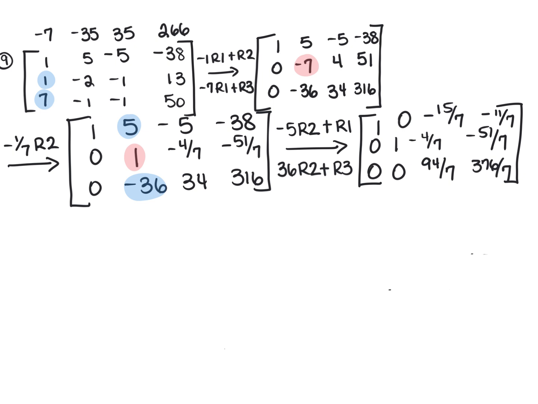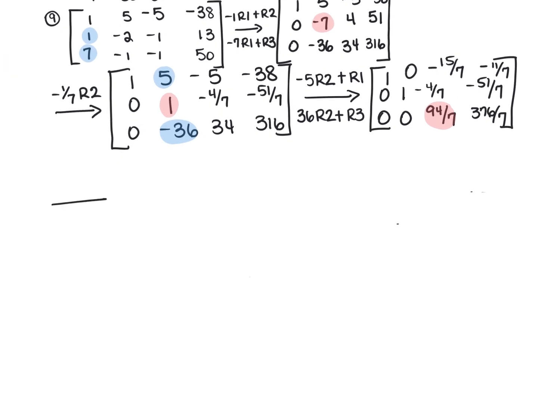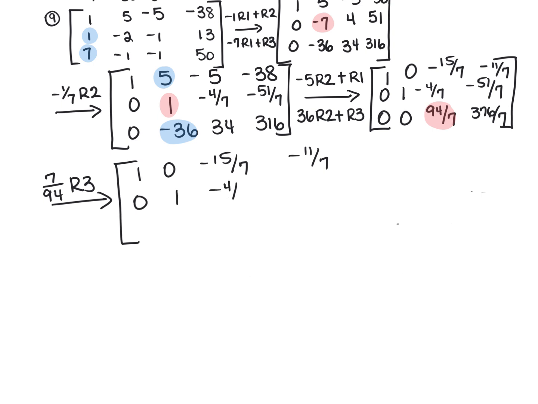So now I'm looking at changing this into a 1. In order to do that, I'm going to multiply by the reciprocal. So I multiply 7 over 94 times row 3. Row 1 and row 2 remain unchanged. So a 0 times 7 over 94, a 0 times 7 over 94. 94 over 7 times its reciprocal is 1.